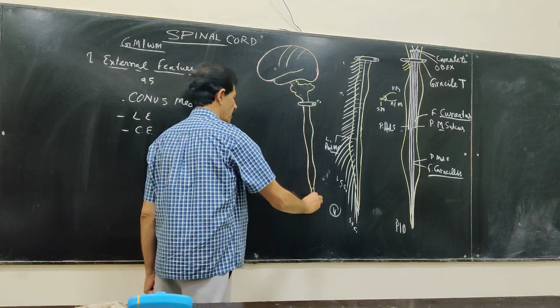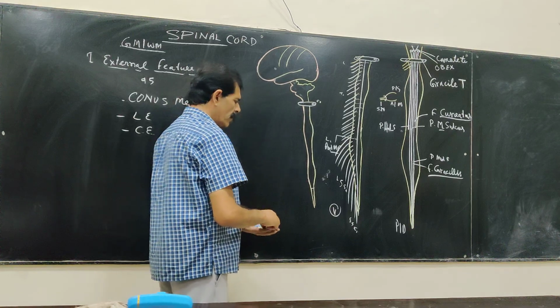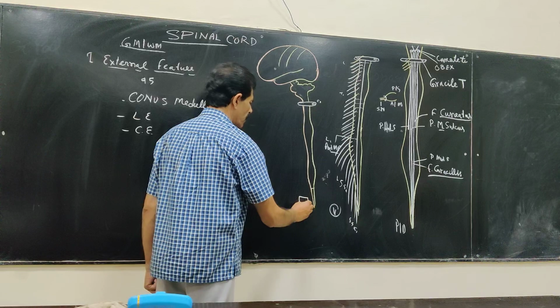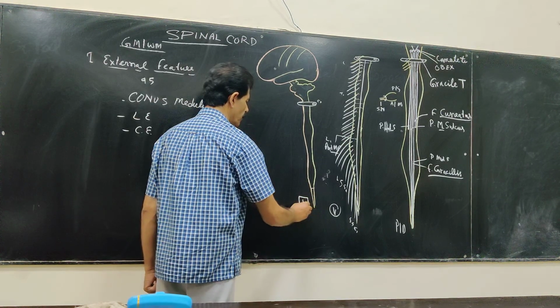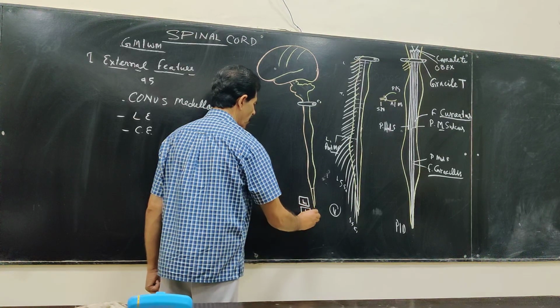And the spinal cord ends at the conus medullaris. And what is this vertebral level? That we have to remember, underline it. Lower border of the L1 vertebra.